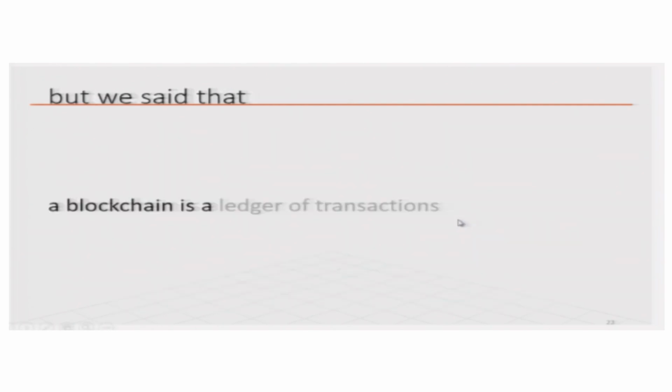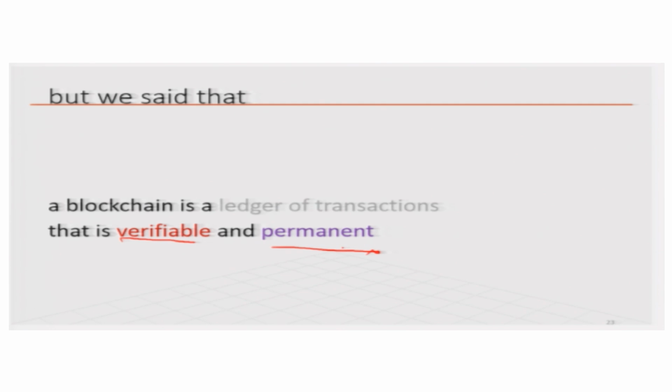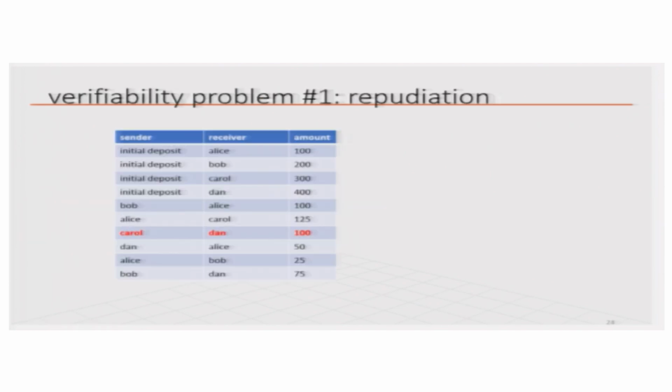Now, blockchain is a ledger of transactions that is verifiable and permanent. Right now we only focused on the verifiable part, that the transactions have some validity, but permanence is something that we now have to worry about. One issue is that we talked about repudiation a lot in the previous lectures.